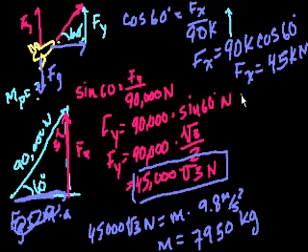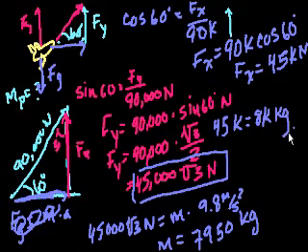And so how fast is it going to be accelerating in the x direction? Well, we know its force. The force is 45,000. I'll ignore the units for now. We know its mass. Let's just round. Let's just say this is 8,000 kilograms times the acceleration. So the acceleration is going to be 45,000 divided by 8,000.